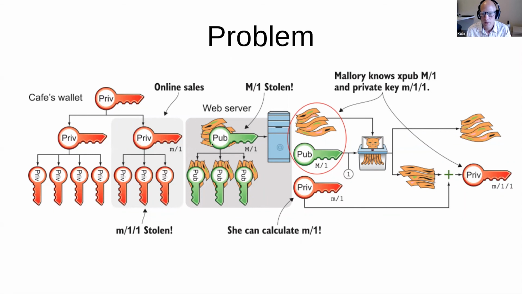But there is still one problem here. Suppose that this public extended xpub is stolen from the web server. Remember, the web server is inherently insecure.